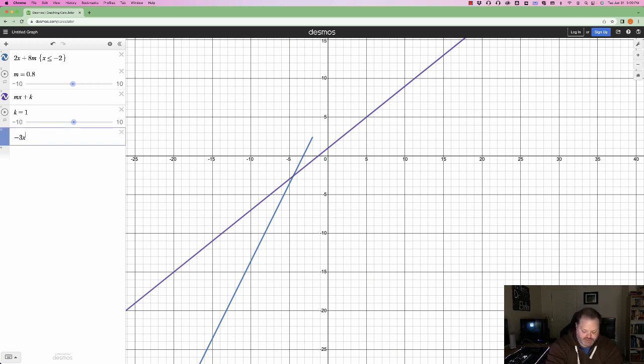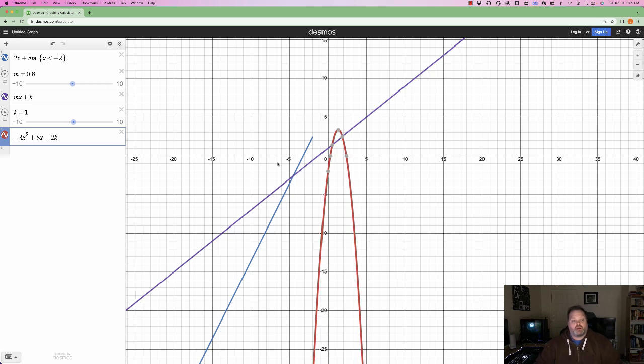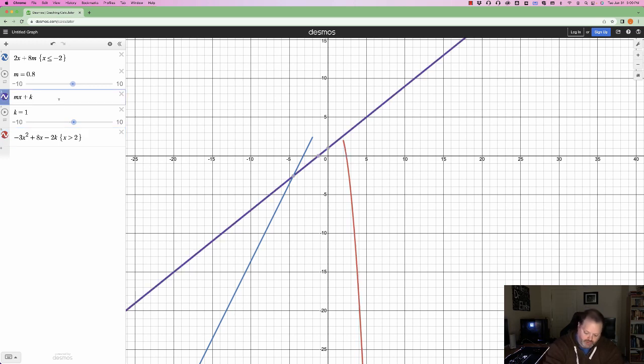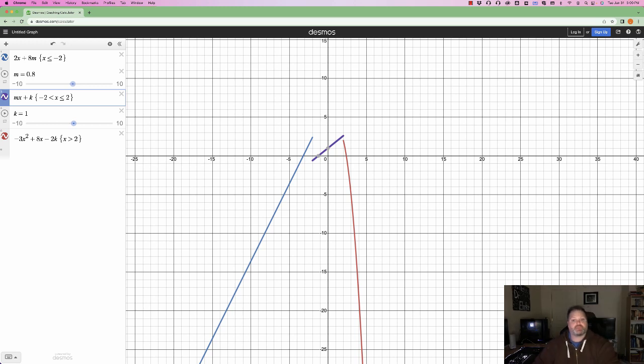And the bottom function is negative 3x squared plus 8x minus 2k, and that one is valid for x greater than 2. The middle one is valid for negative 2 less than x less than or equal to 2.